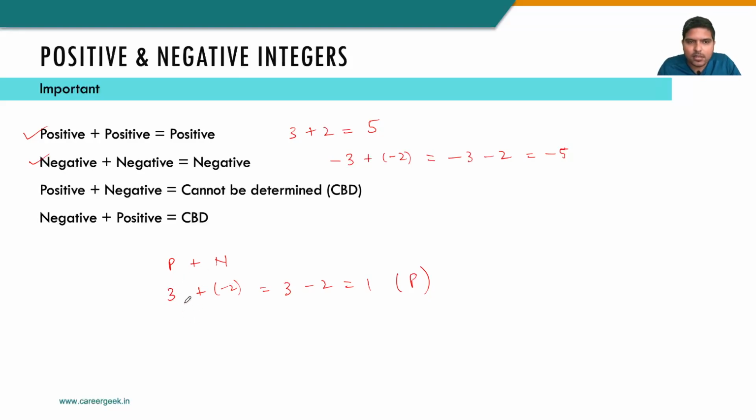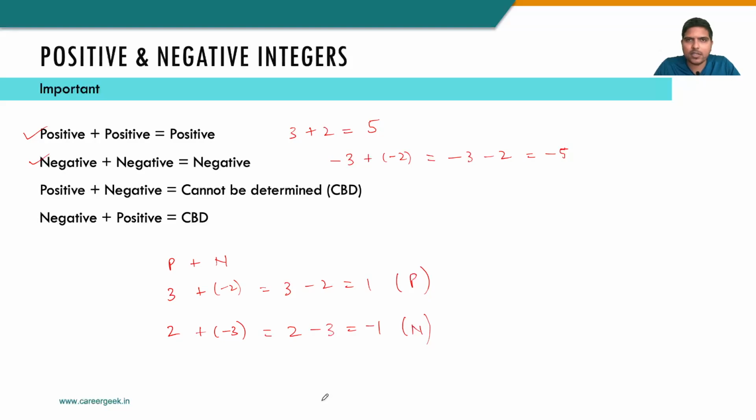Now let us change. Let us say positive is 2 and negative is -3. So if I solve, I get the answer as negative 1. So it will depend on which has the more magnitude, right?